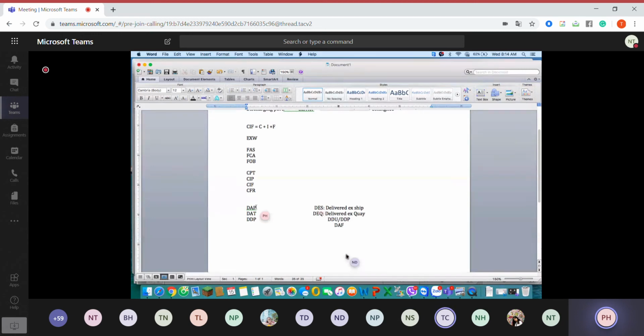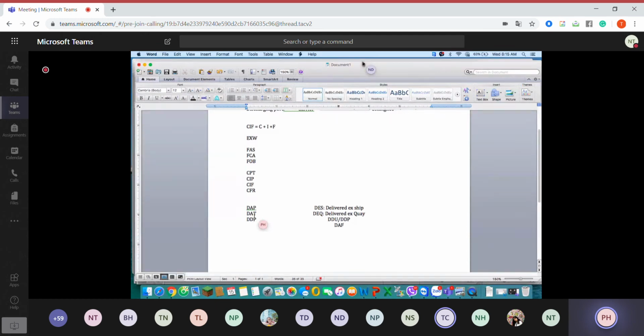But if we change to the DAP and DAT, we can use them for multimodal transport, for any kind of transportation mode. So we extend the DES and DEQ, and now we have the DAP and DAT for Incoterms 2010.